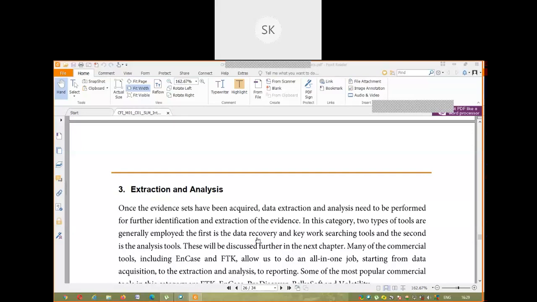So we use recovery tools to get that data once again. Once we get it, we need other tools to analyze it. So extraction and analysis have two tools: one for data recovery and one for data analysis. Okay, is it clear?